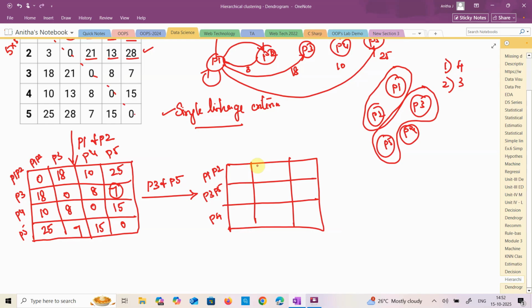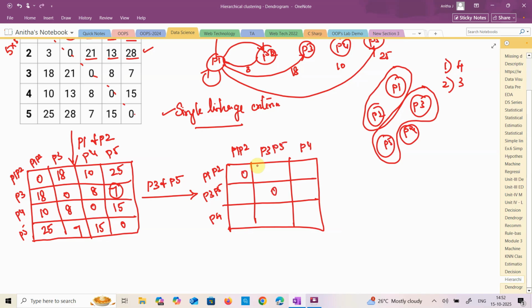Now we have 3 clusters. Like that, we are trying to merge the data points every time to form a single cluster. So P1, P2, P3, P5 and P4.